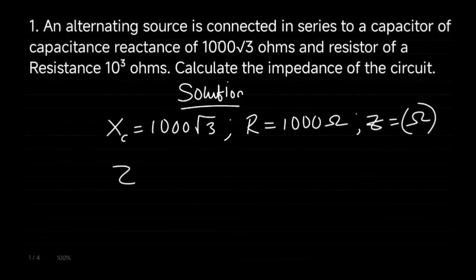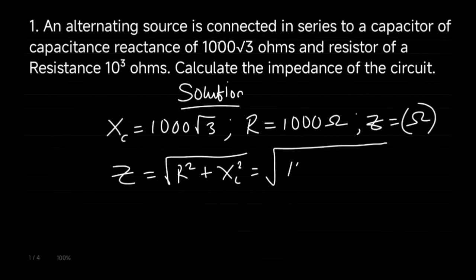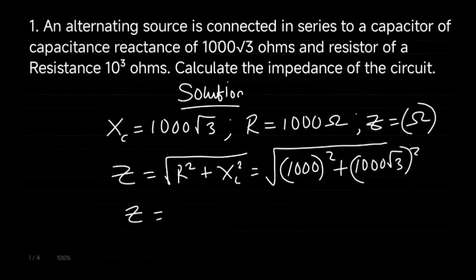So therefore, the impedance is equal to the square root of the resistance squared plus the square of the capacitive reactance. What is our R? 1000 all square plus 1000 square root of 3 all square. If we calculate that correctly, our final answer will be given as 2000 ohms.